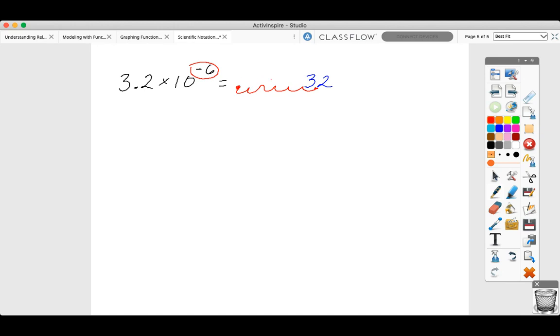I got a bunch of blank spaces, so I'm going to fill them in with zeros. 0, 0, 0, 0, 0, 0. The decimal point is there, and I'm going to write a leading 0. There's a kind of a debate in the math community whether or not to put that leading 0 in there, and I'm an advocate of, yes, put that leading 0 in there. And here's why.